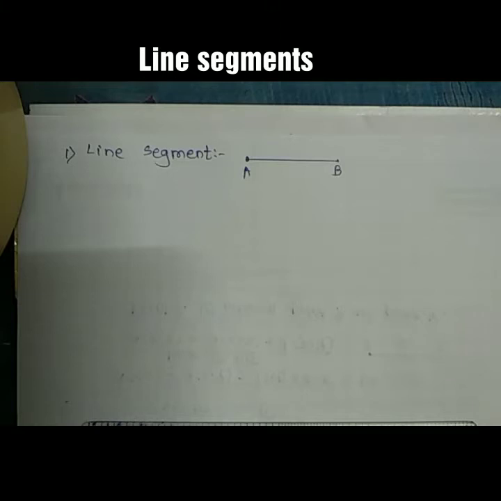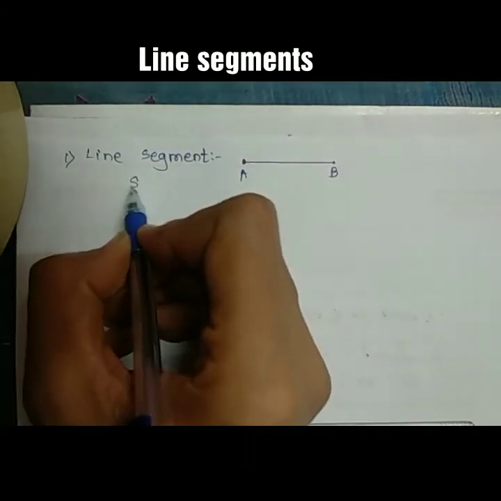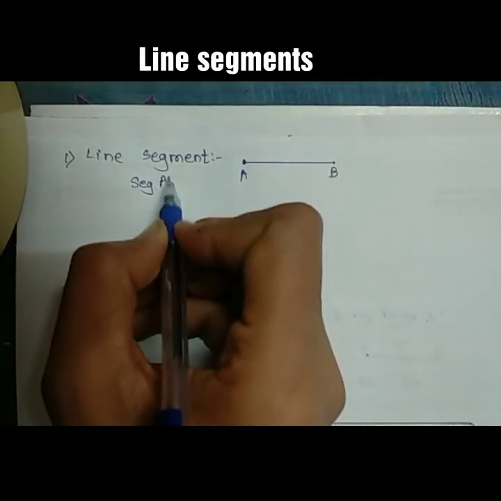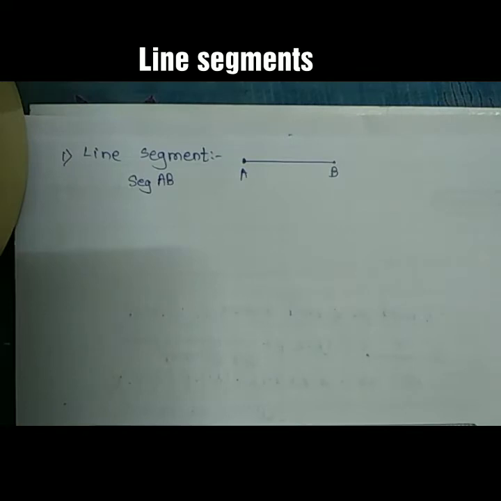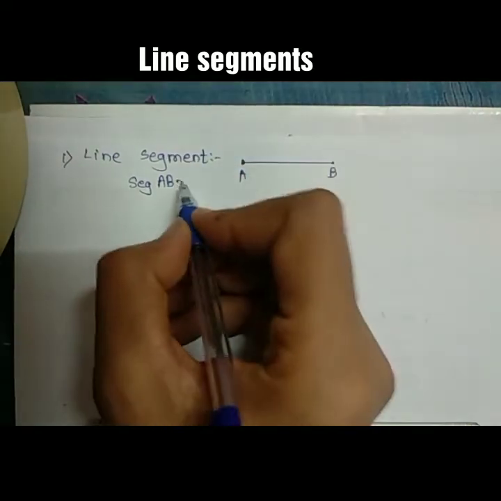Segment AB is written as seg AB. In brief, segment AB means segment BA, as you can write here.